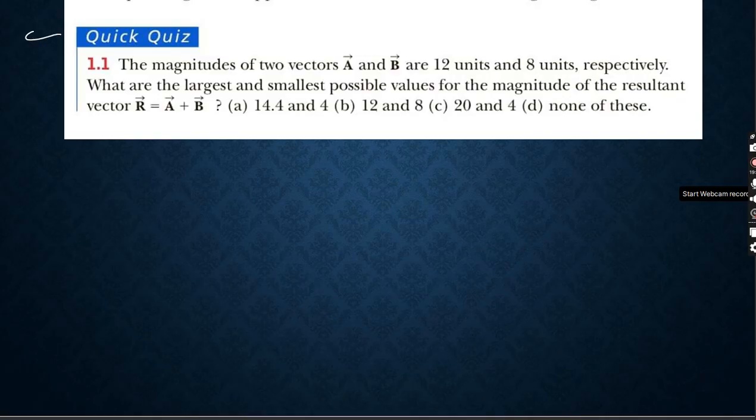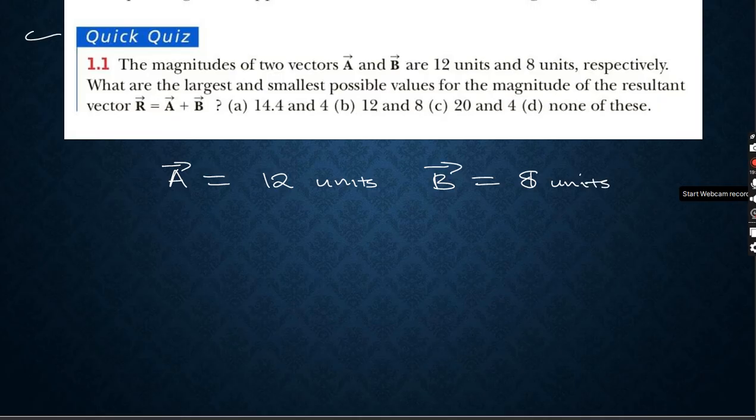I'm receiving an echo there. Okay, so to find the largest vector, we have been given vector A, which is 12 units, and vector B, which is 8 units.